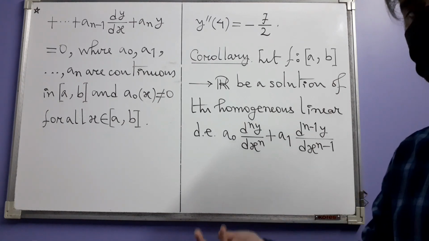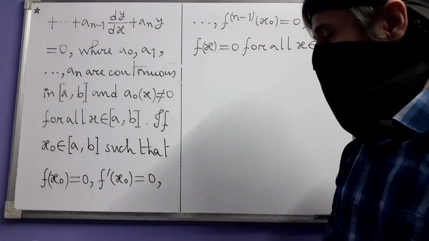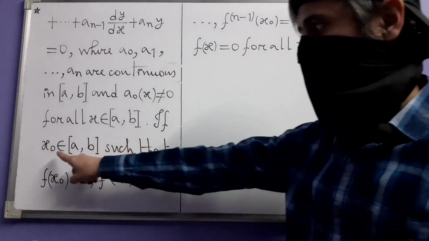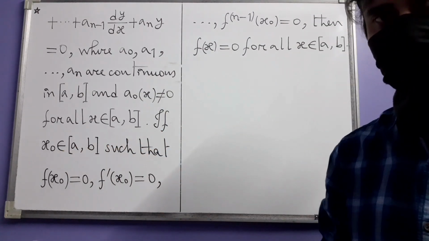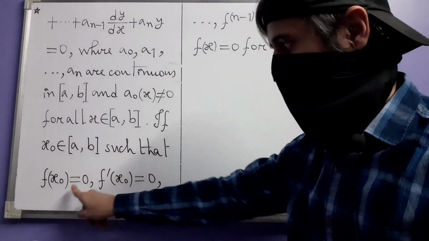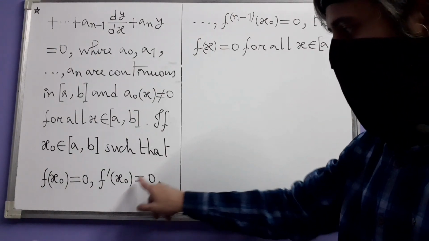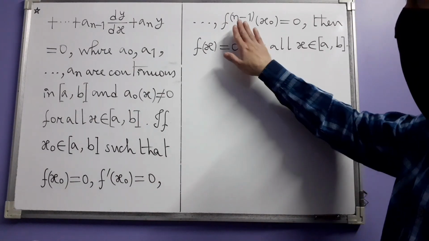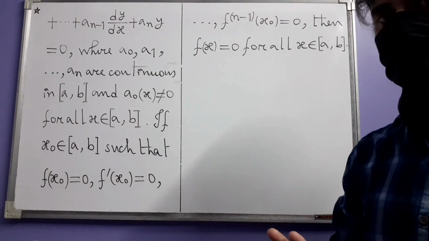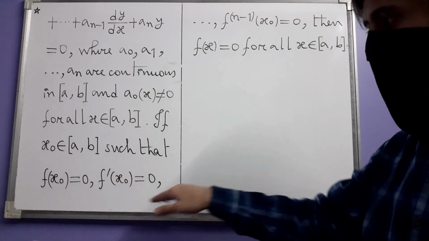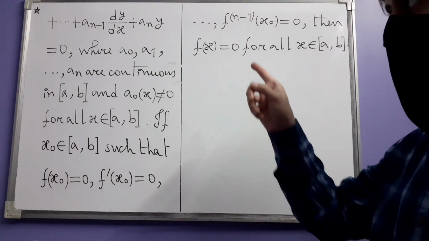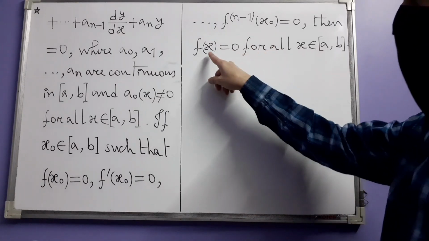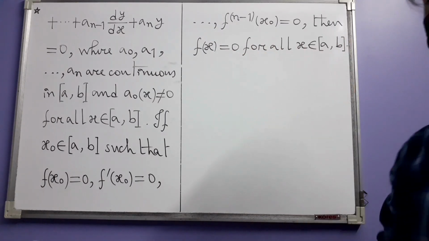Alright, so then what is the conclusion? This is the conclusion. If you find a real number x0 in this interval at which the function value is 0, first derivative value is 0, second derivative value is 0, like that all the way up to the n minus 1th derivative value, all these values are 0, then that solution f must itself be 0 throughout this interval.